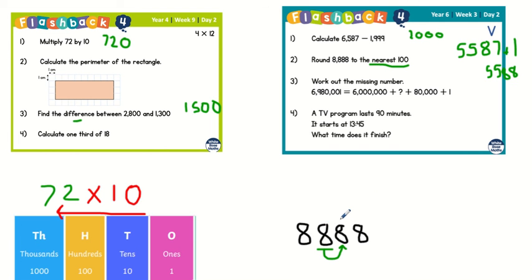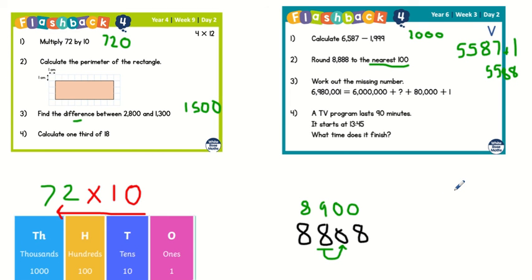So I have an 8 next door, which means I have to round the 800 to 900. Sorry, Year 6, I've forgotten the rhyme there, haven't I? Let's go back. So we round the 8 to 9. All digits before stay the same, and all digits after become a 0.